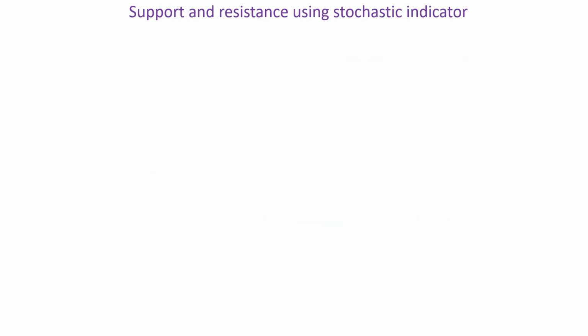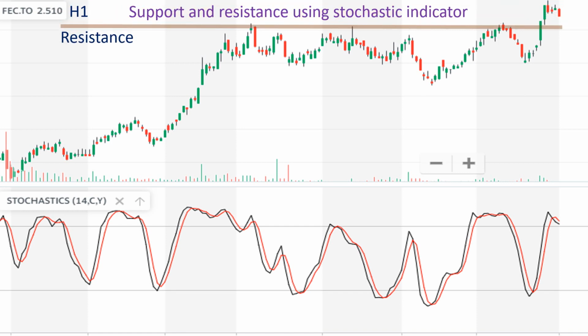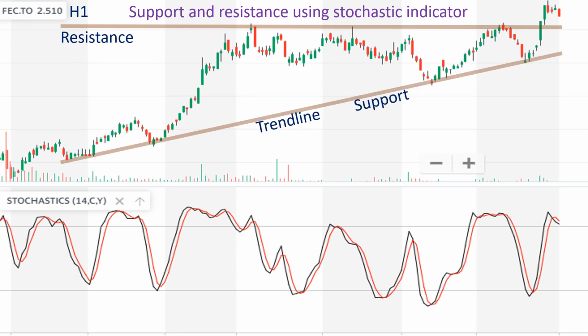Support and resistance using stochastic indicators continued. This is the price trend, FEC stock, H1 time frame. I installed the horizontal resistance line, and also I installed the trend line, which is acting as a support area.